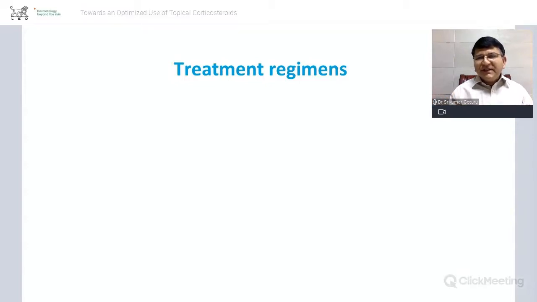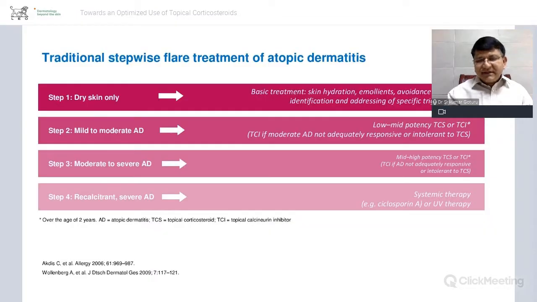And when you talk about the treatment regimes, it's pretty interesting. Step one is basically to use basic treatment like hydration, emollients, avoidance of irritants, identification and addressing specific triggering factors.